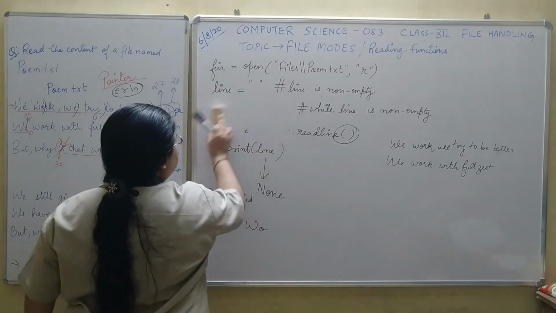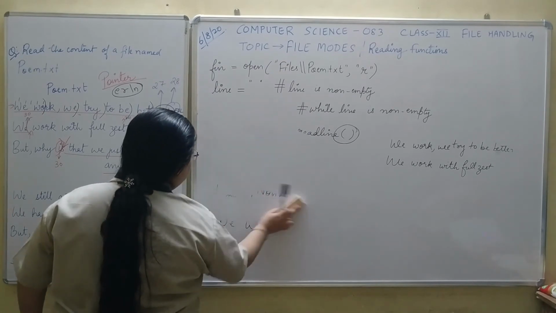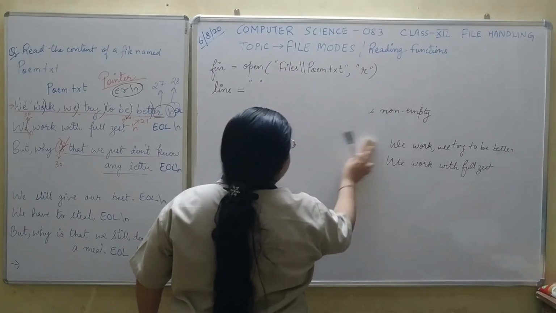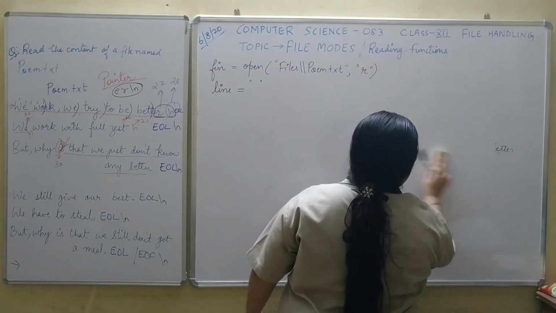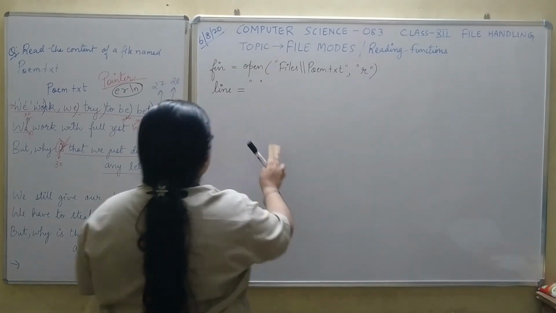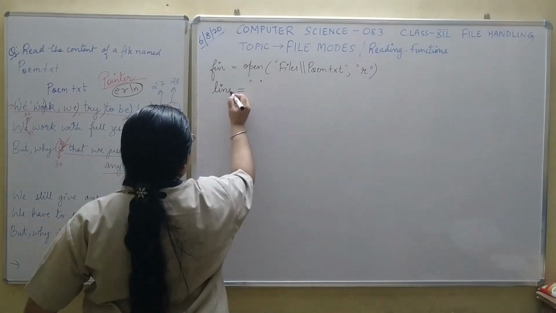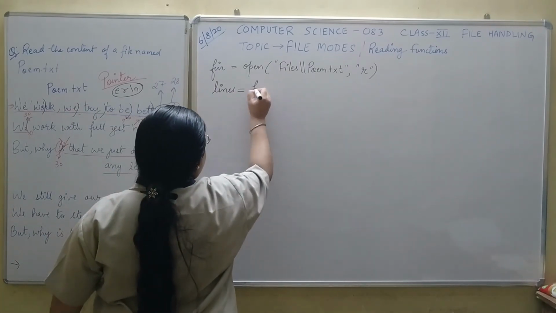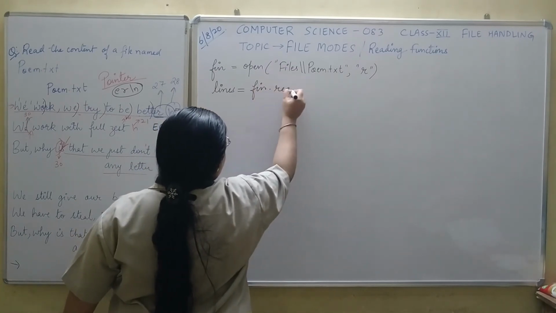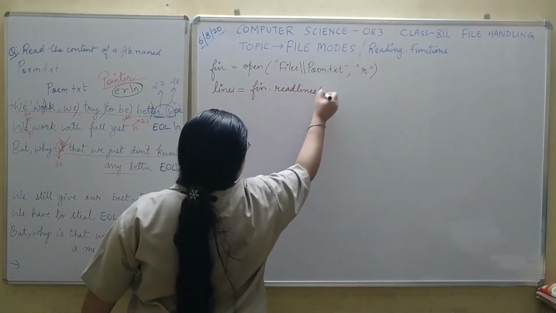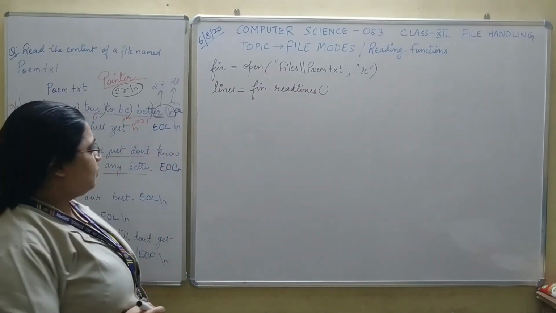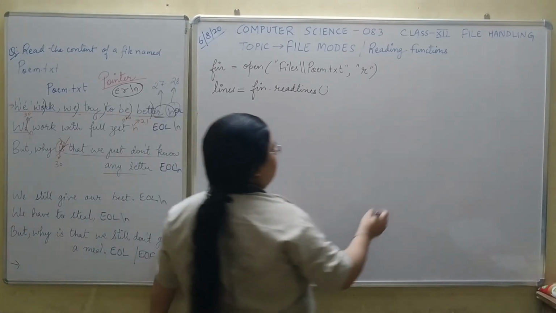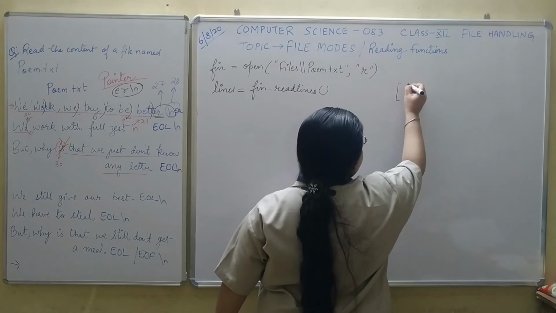it is used for reading all the lines from the file at once. So let's see that. The rest of the things would be kept the same and I am only going to change it to lines now. I am going to write this statement like this: fin.readlines(). What readlines is going to do is read all the lines from the file and save them as individual strings within a list.